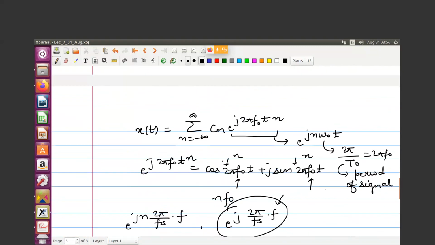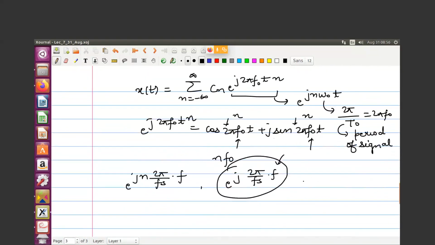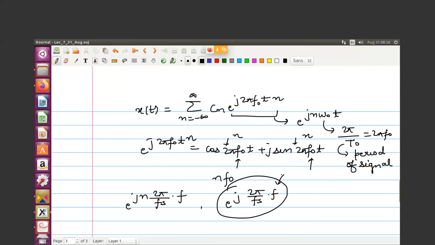The base is that you require a complex exponential. Let me explain further. Suppose this is a sine signal. This goes to both sides. So what are these crossings? If it is a standard signal, it will have pi, 2 pi, then 3 pi, then 4 pi, because sine is 0 at odd and even multiples of pi.